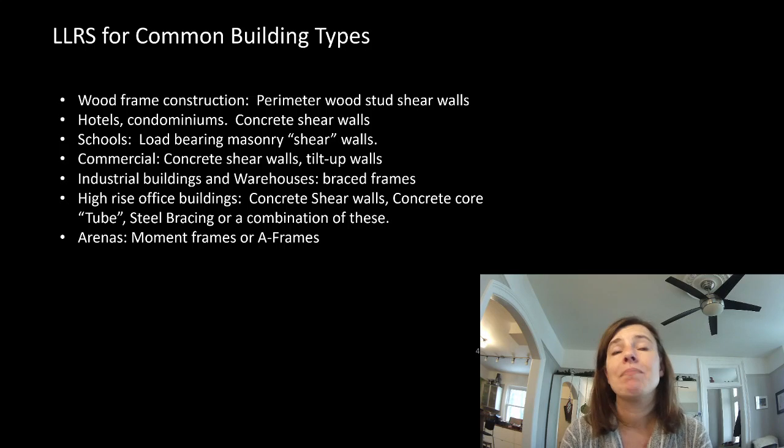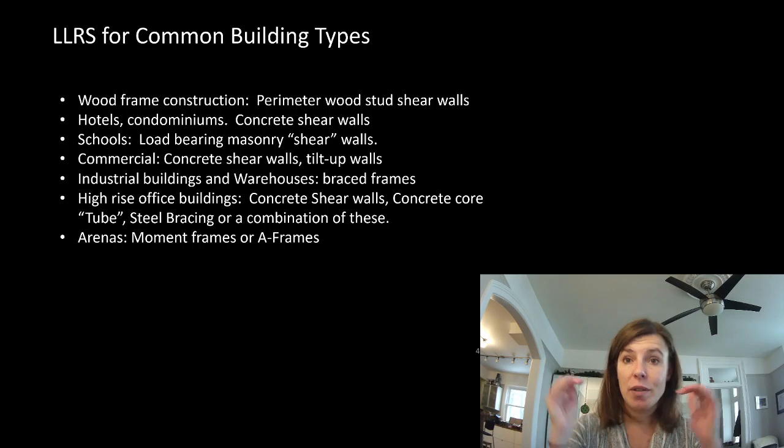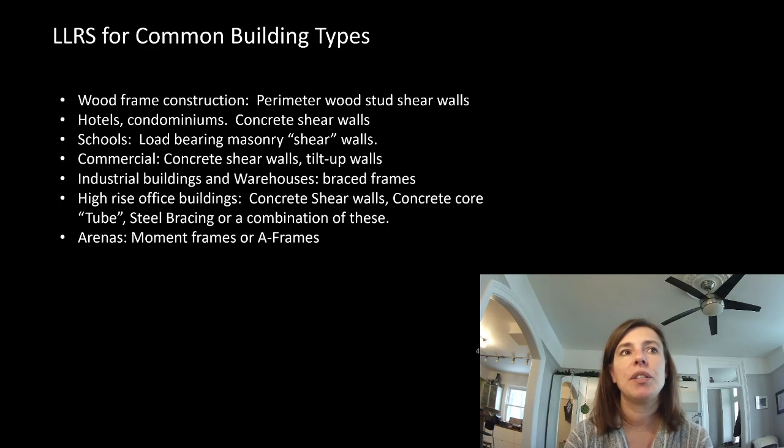Hotels and condos, it's probably going to be a concrete building, so it's probably going to have a concrete shear wall. Even if it wasn't, it probably has a concrete core, or stairwells, or elevator cores, so you might as well use the concrete shear wall. Schools often use load-bearing masonry shear walls.